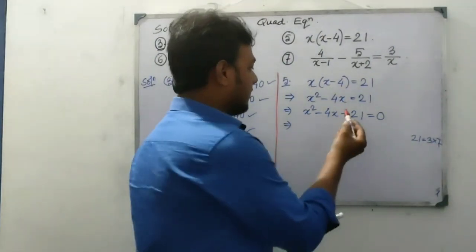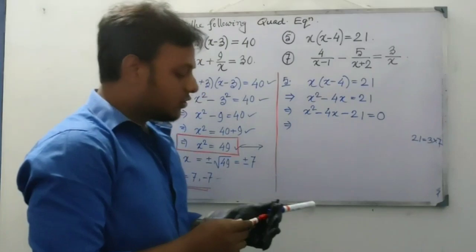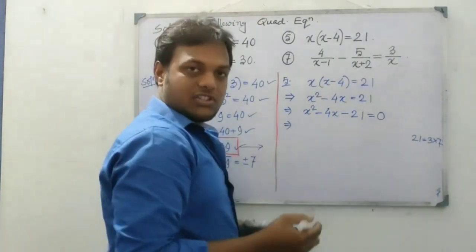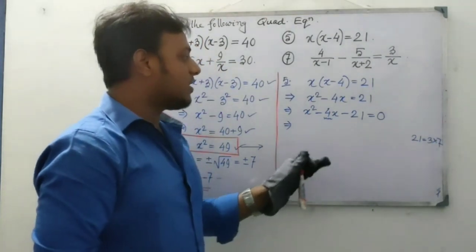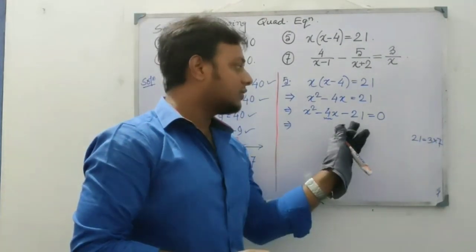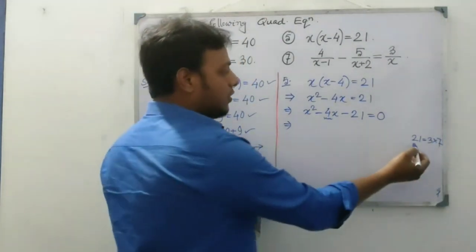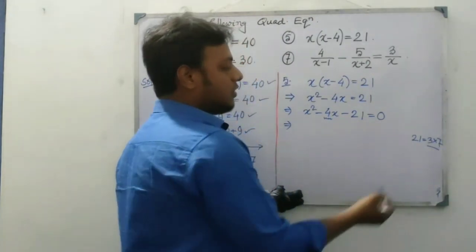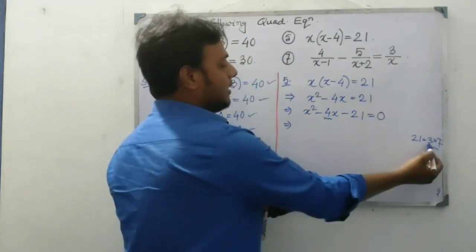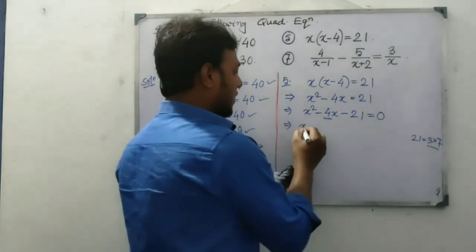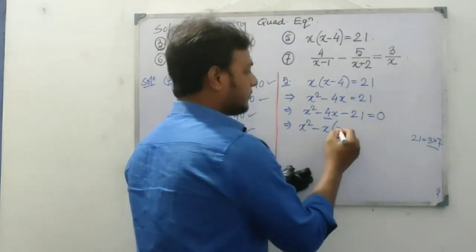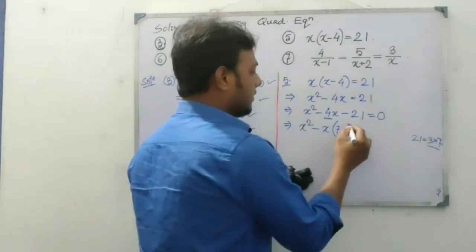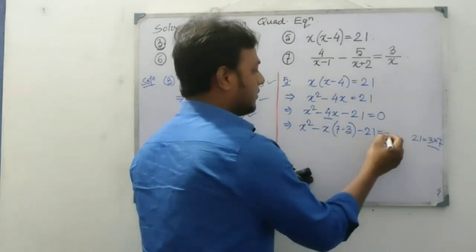So we have to match the number 4 by subtracting two factors of 21. Since 21 equals 3 into 7, if we subtract 7 minus 3, we get 4. So in the place of 4 we will write 7 minus 3, minus 21 equals 0.